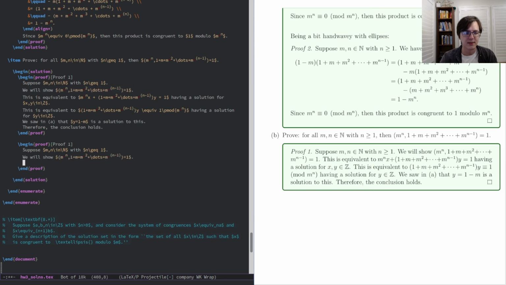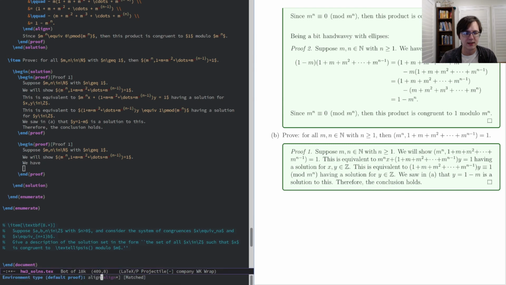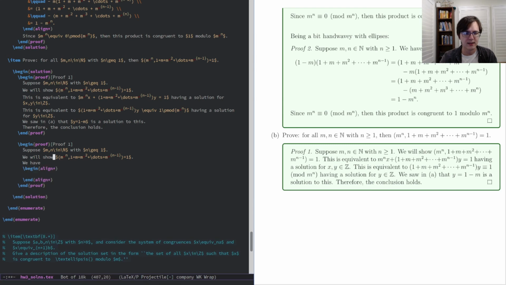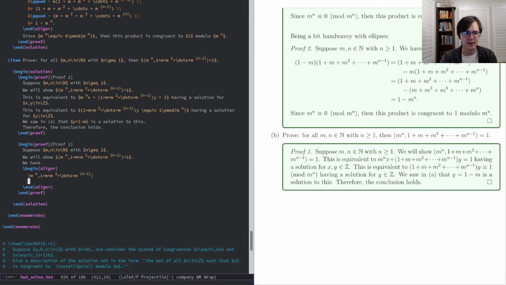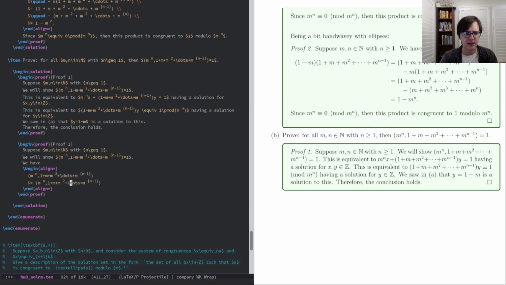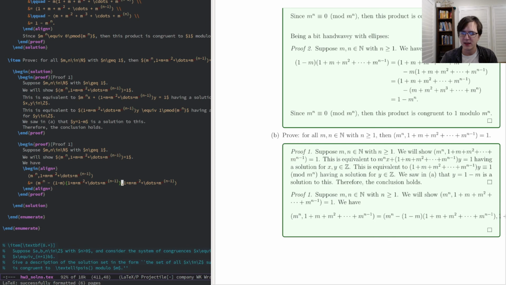So we have that this is equal to, we can take this and add or subtract a linear combination from another part.